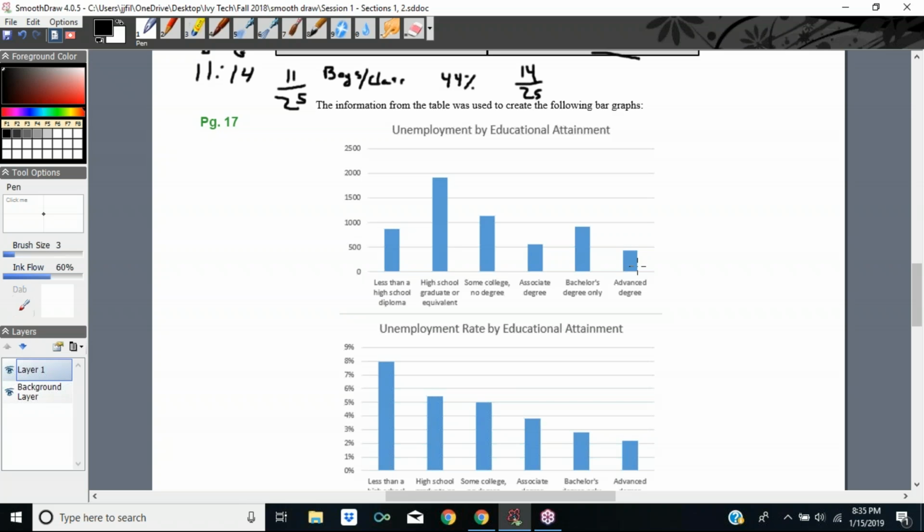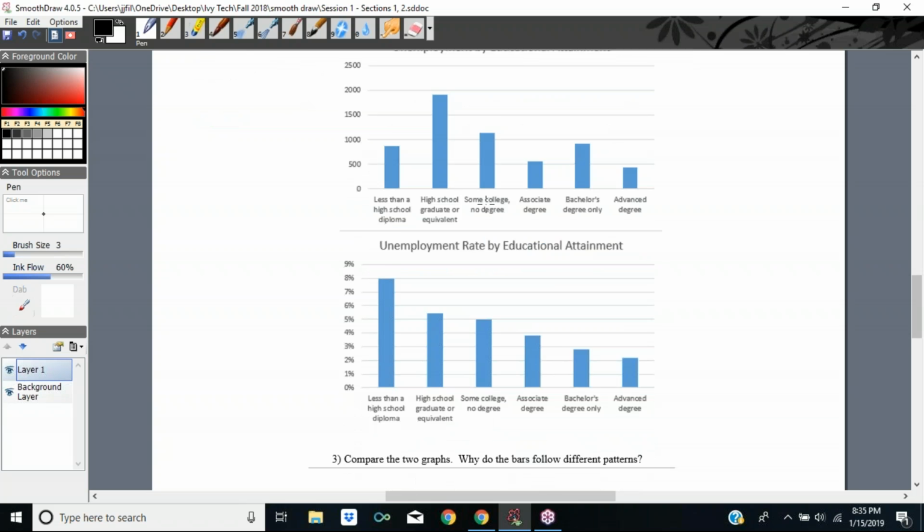And it says less than a high school diploma, high school graduate or equivalent, some college, associate, bachelor's, advanced degree. The next one says the unemployment rate by educational attainment, and it has percentages on the side. So the first one, the top one, has numbers on the side, and the bottom one has percentages on the side. And it says the unemployment rate for less than high school is 8%.